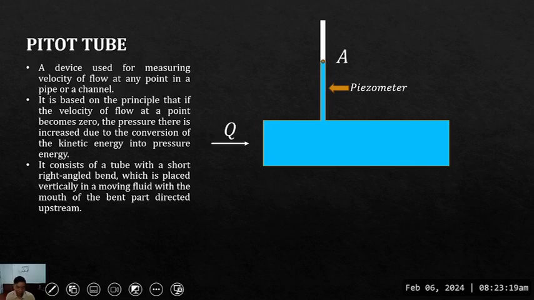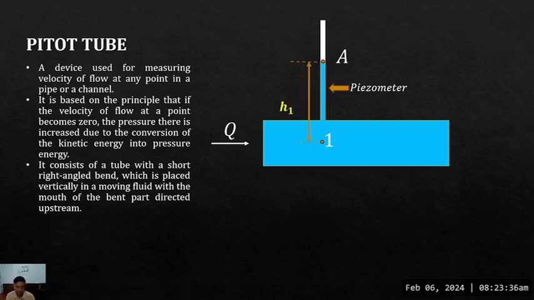And then let's say that the point at the surface, we call it point A. And then point 1 is a point below the piezometer. So the head, H1 there, we call that the static head. So that represents the pressure head of our water as it flows in this tube.